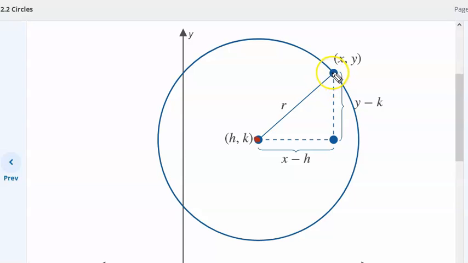But if from the edge of the circle we draw a perpendicular line to our center of the circle, notice what we get here. We're getting this point, and these are x values, rise over run, and these are y values.